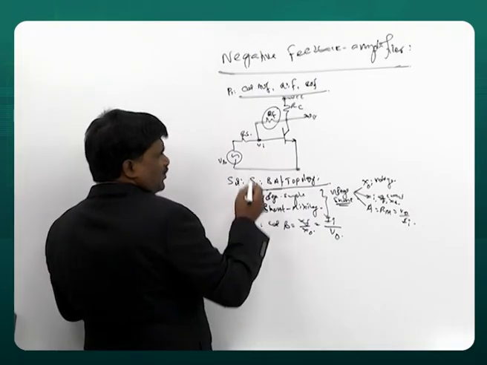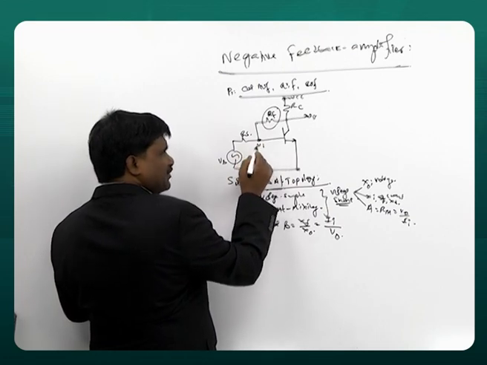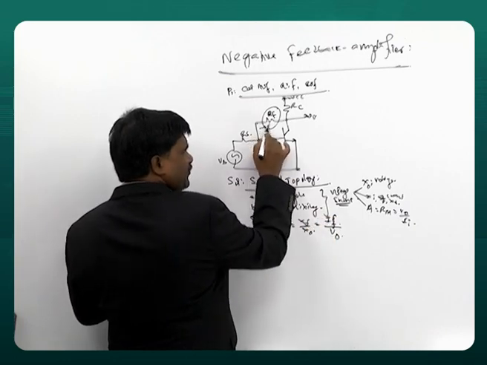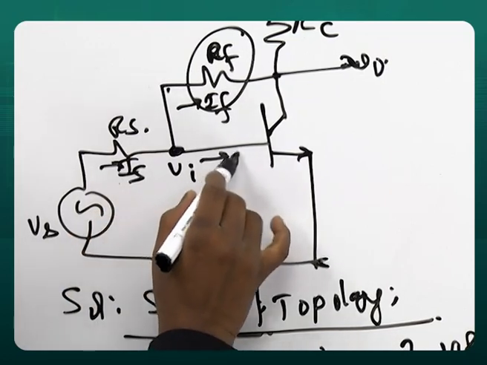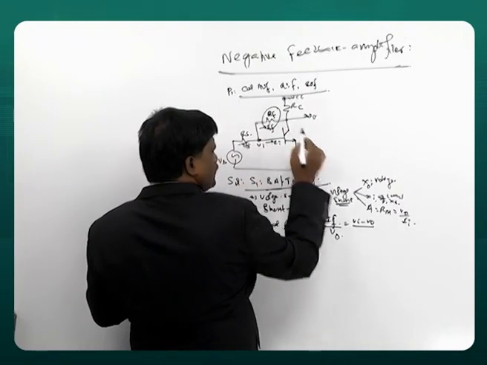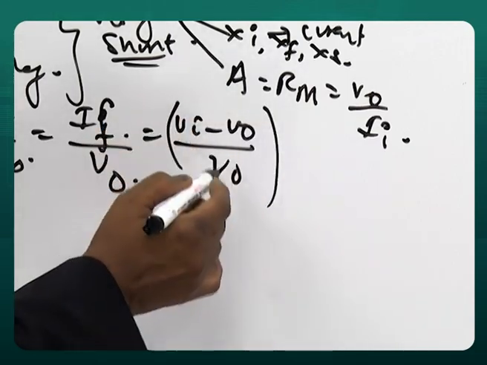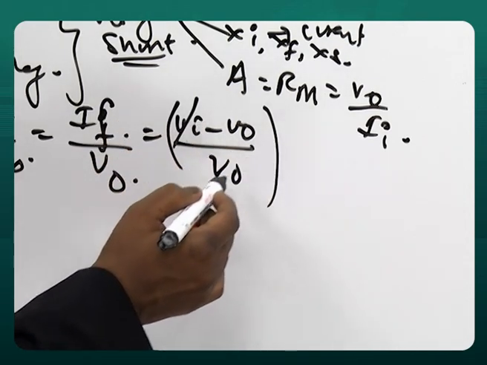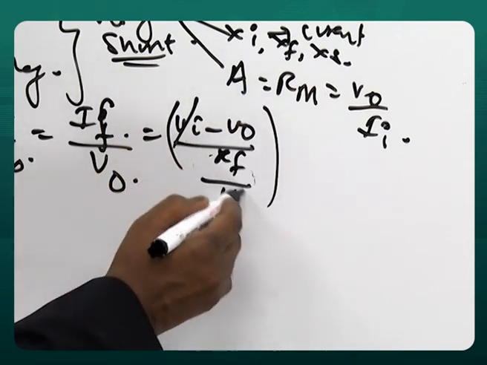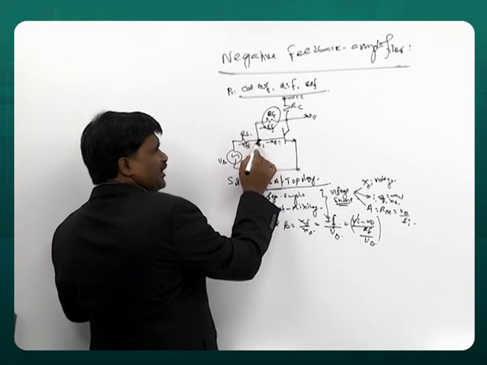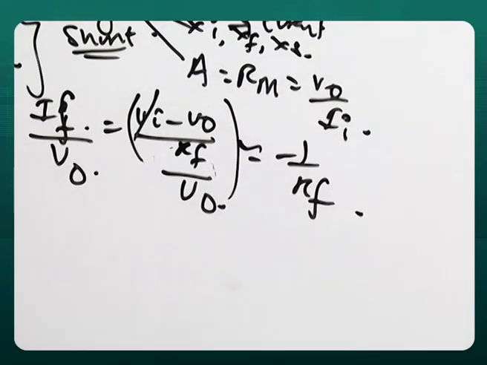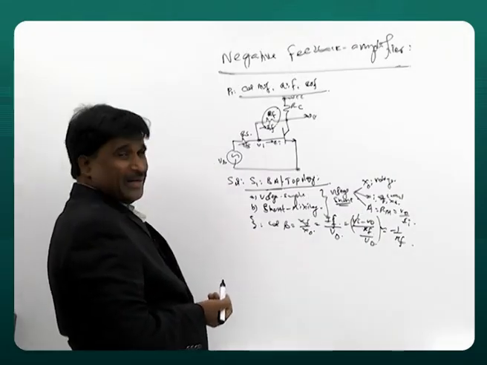What is IF? IF is (Vi minus V naught) by RF, where Vi is very small. So IF by V naught is minus 1 by RF, neglecting Vi. That's called the beta value.